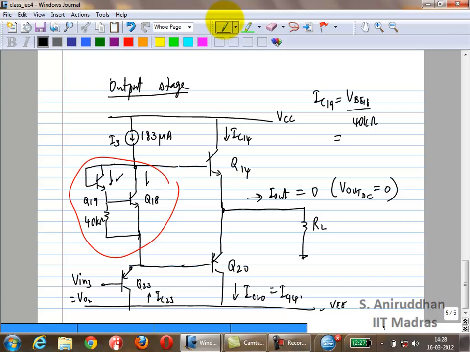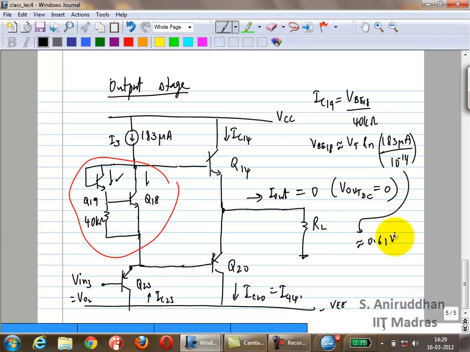Okay, so can you calculate VB 18? Assume 10 power minus 14. So 0.61.